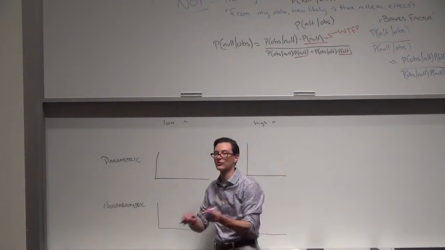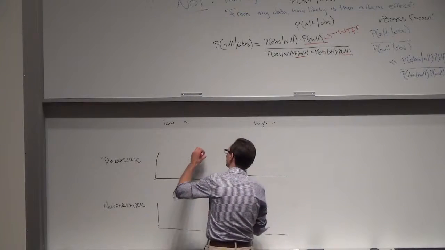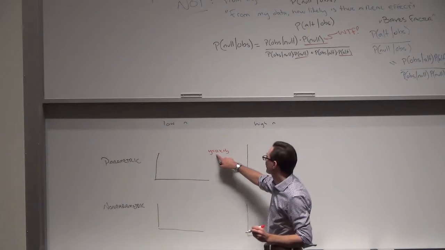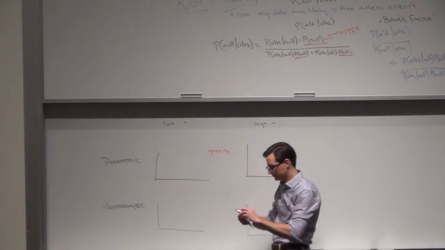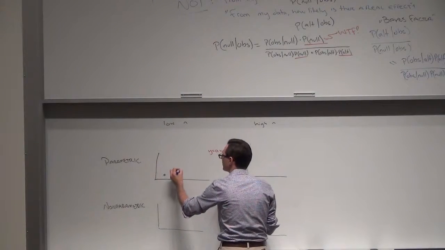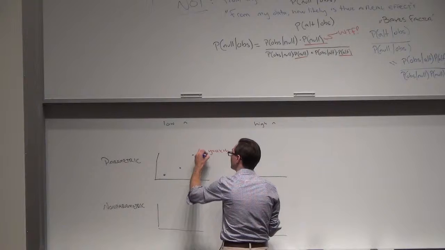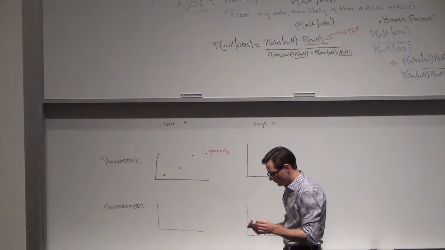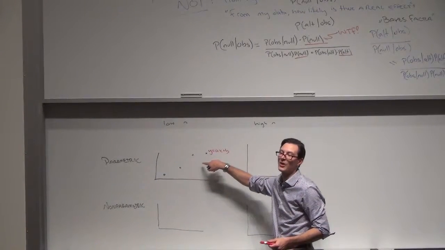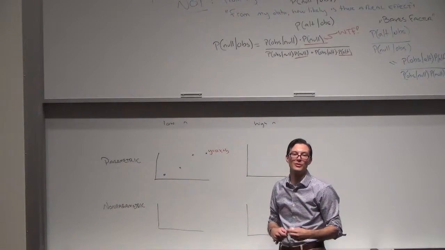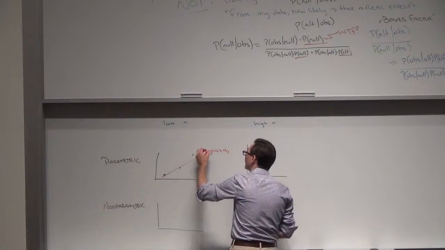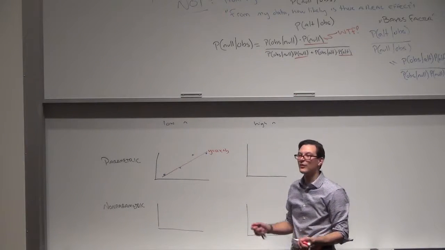This is a parametric exercise, because we know that a line has an equation y equals ax plus b. So really the world is characterized by these parameters, a and b. And so if we have just a few data points, we can still fit a pretty good line, because we're assuming that these are coming from a line that's been corrupted by some sort of measurement error. And so because we're making this parametric assumption, we can fit a really good line with very few data points.